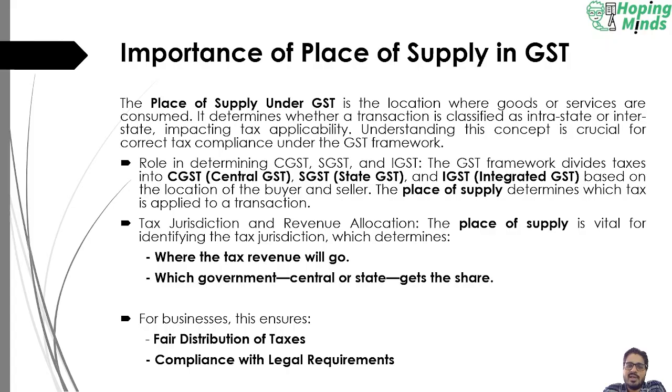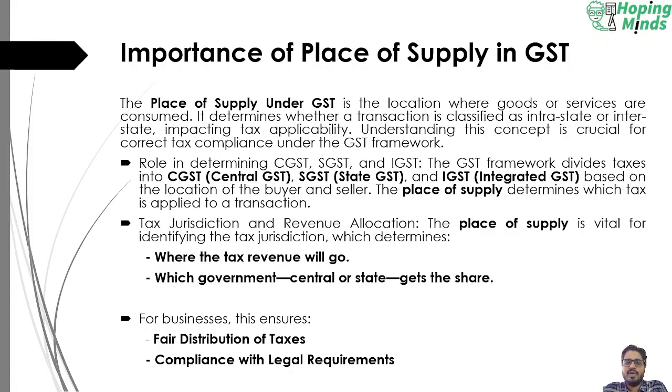In case of special transactions like bill to ship to, the place of supply is based on the buyer's billing location. Similarly, in case of services, the general rule is the place of supply is recipient's location, whereas for specific services like for immovable property, the place of supply is the property location. We'll cover this in detail in our upcoming slides.